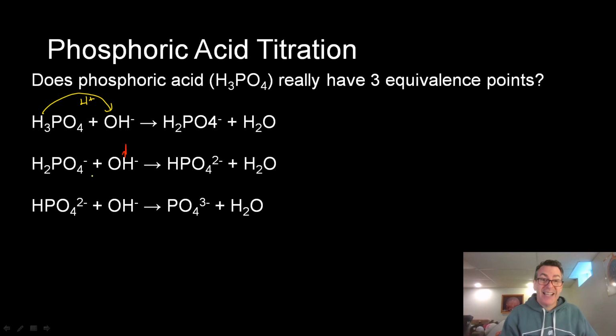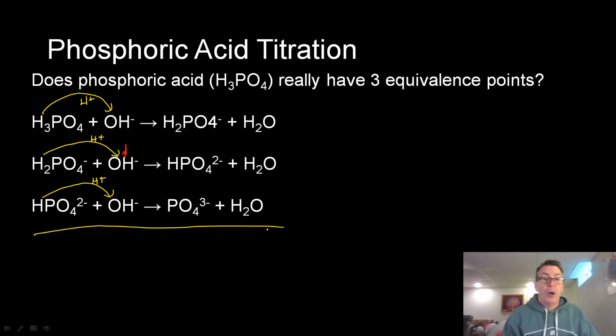Then if you keep adding a second equivalent of hydroxide ion, that's going to transfer another of the remaining 2 hydrogens off of H2PO4-. We get HPO4 2- and another water molecule. And finally, if we keep adding a third equivalent of hydroxide, then off of the HPO4 2-, we should get the phosphate ion and H2O.